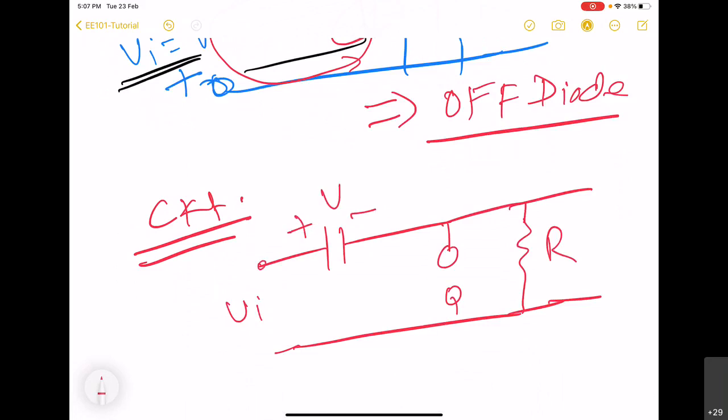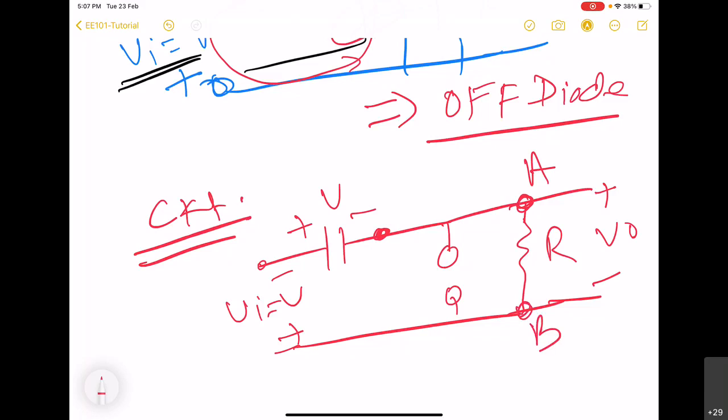So here we already have V, and here again, because of the negative cycle or the second cycle of the input, we have Vi. So now you can see that for this VO, node A is connected to the negative terminal of the capacitor.